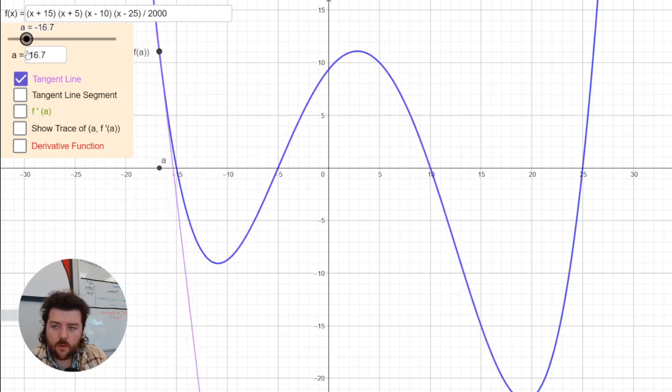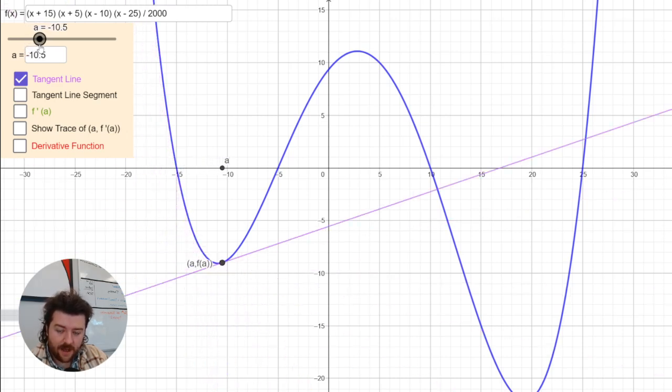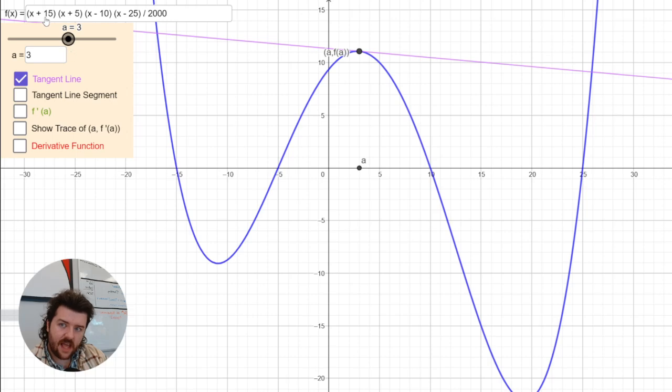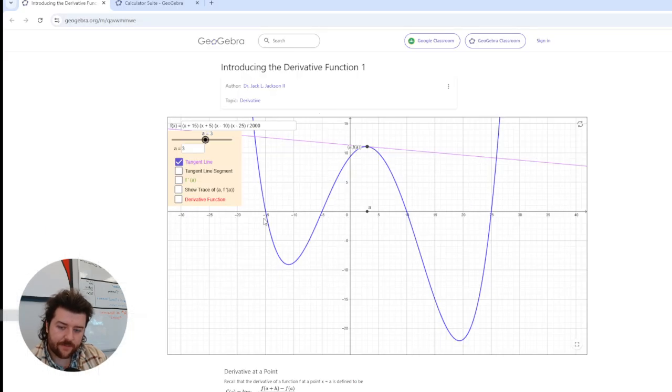So what we can say is, if the first derivative is negative, i.e. the slope of the tangent line is negative, my function is decreasing. And if it's positive, it's increasing.